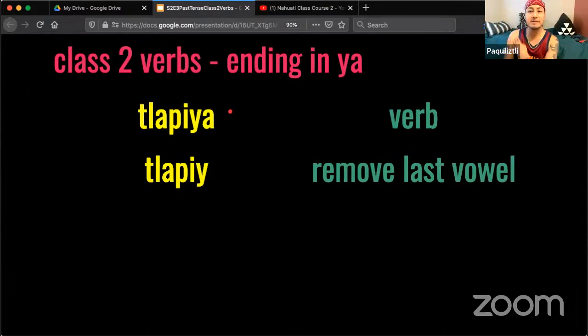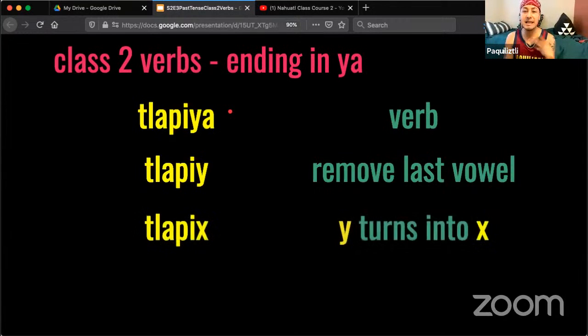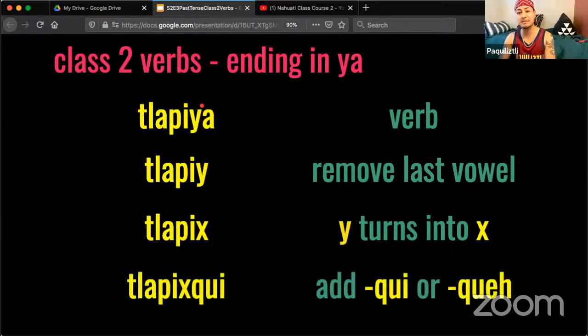So that Y becomes an X, and instead of saying tlapi, they would say tlapish. The Y turns into an X because tlapi is not very easy to say. So it becomes tlapish, and then you add the ki or the ke. So it goes from tlapilla to tlapishki. So nama ni tlapilla, right now I have things. Yalguaya ni tlapishki, yesterday I had things.